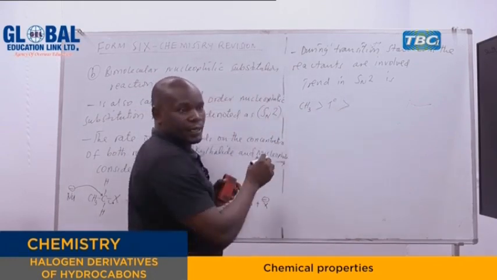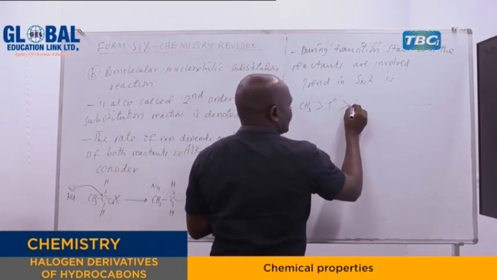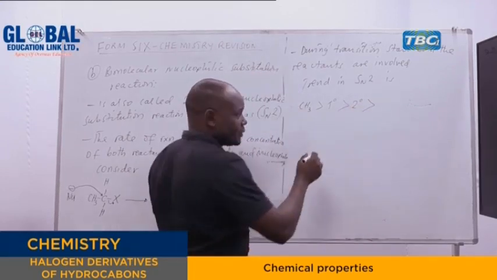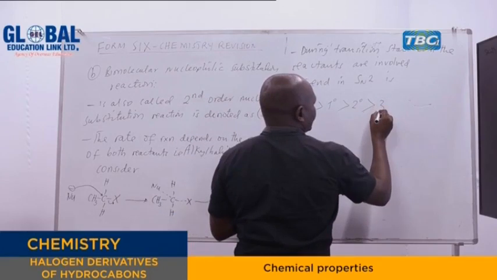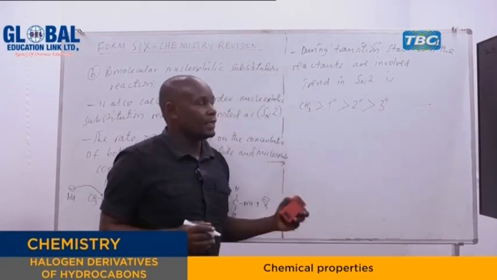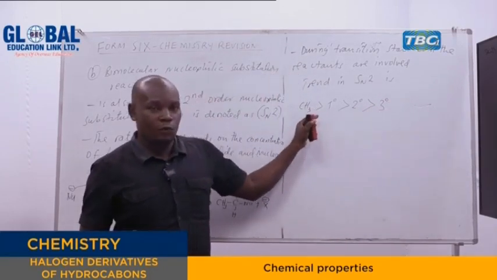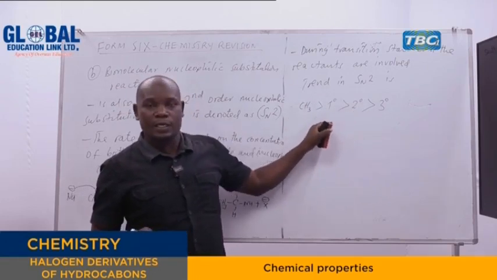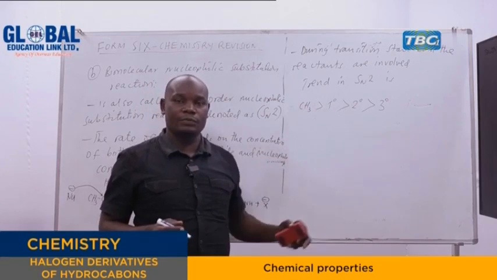The primary alkyl halides are also more reactive than the secondary alkyl halides, and the secondary alkyl halides are more reactive than the tertiary alkyl halides. So that is the order of reactivity in second order reactions.